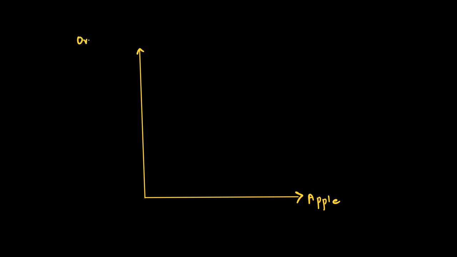Let's say I have two goods, apples and oranges, and I am looking at the indifference curve structure for those. So on my x-axis I have apples, and on my y-axis I have quantity of oranges.